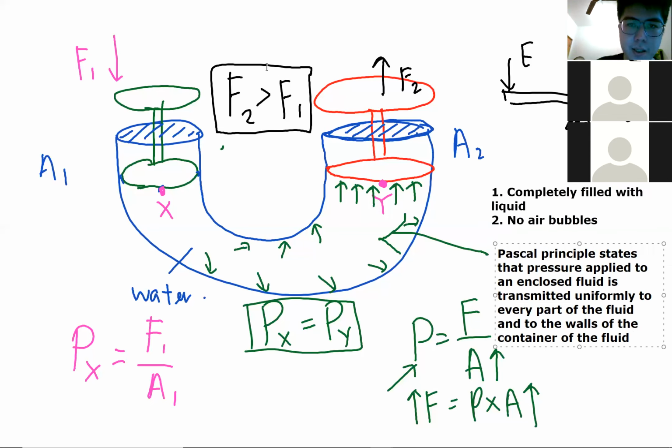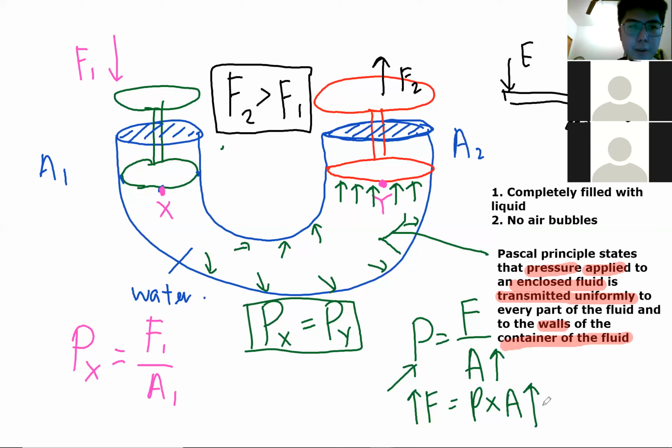You have to memorize this, if the exam asks you this. Pascal principle states that the pressure applied to an enclosed fluid is transmitted uniformly. This keyword, transmitted uniformly, means with no loss, constant. So pressure at X equals pressure at Y, to every part of the fluid. So pressure is acting in every direction, every part of the fluid, and to the walls of the container of the liquid. So this entire system, we call it what?